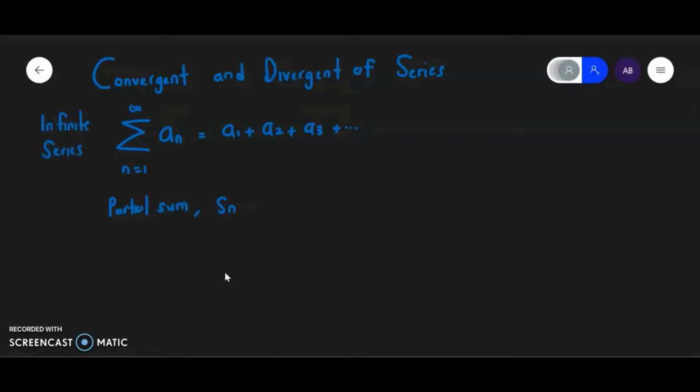So partial sum Sn is given as Sn equals the summation from i equals 1 to n of ai, where ai is a1, a2, up to an.